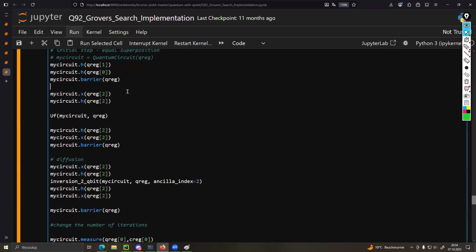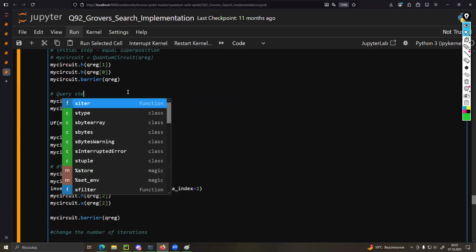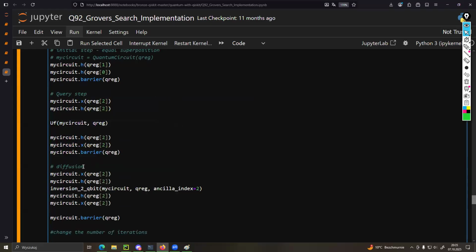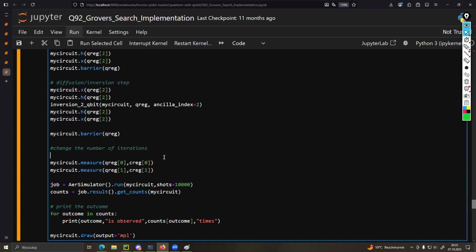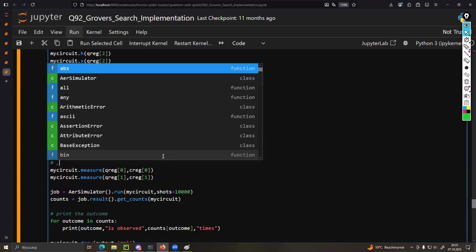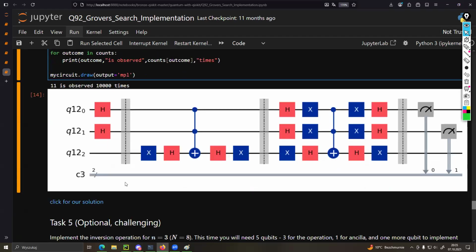This will be our query step, diffusion step. So diffusion inversion step, right? As I said at first, and then our measure step. So this is how the entire circuit looks like.